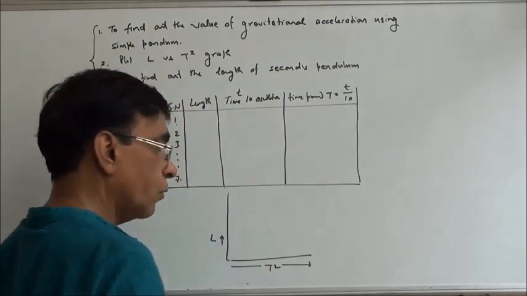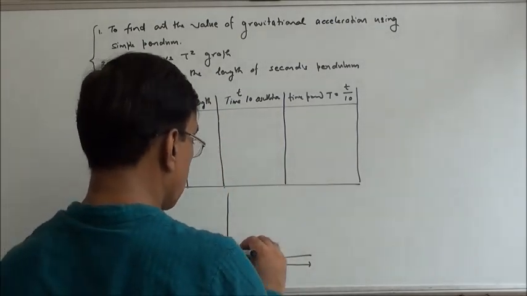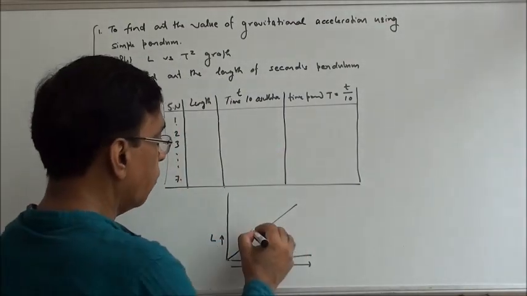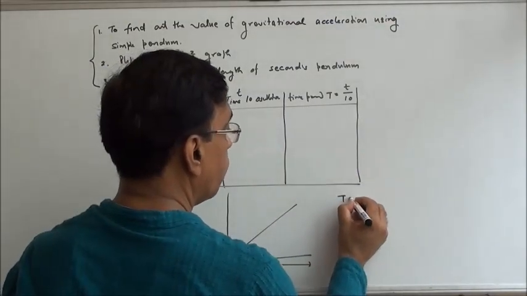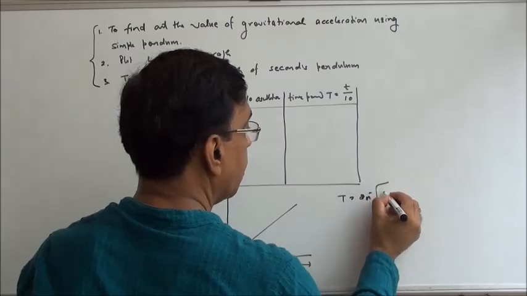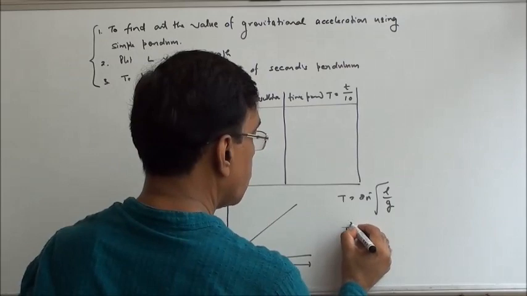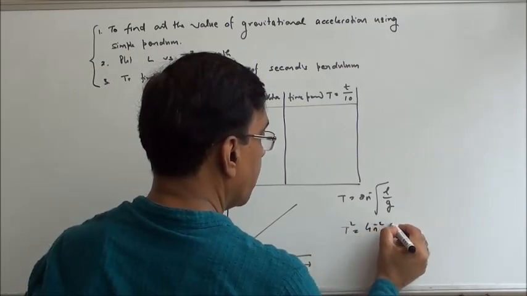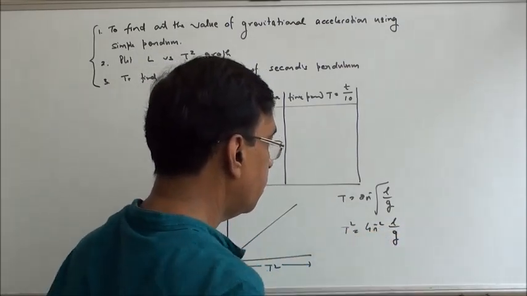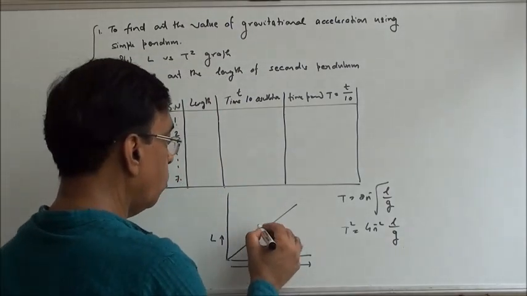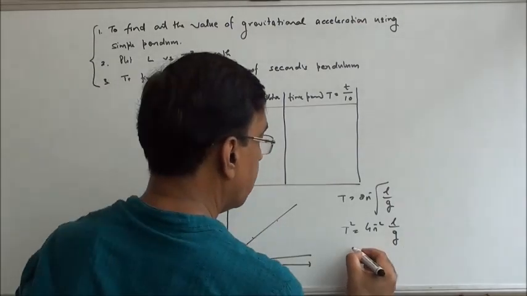Plot a graph, whatever shape you get. Suppose this is the shape, then I can find the expression for the time period: T is 2 pi under root L by g. So T square is 4 pi square L by g. You will find the value of the slope.